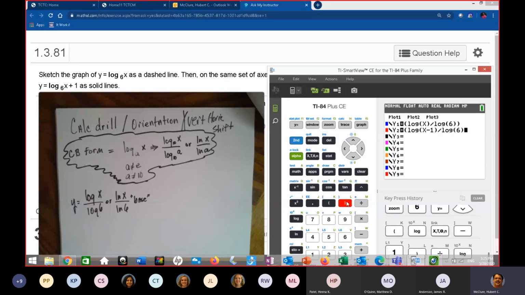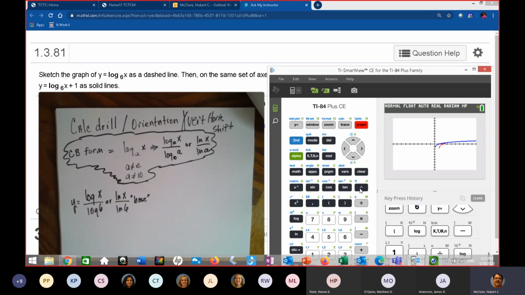Close parentheses, and graph. And look at that. Horizontal shift of 1 to the right. Next one.